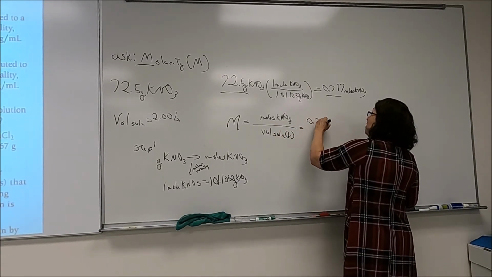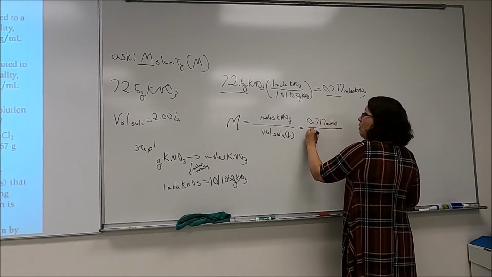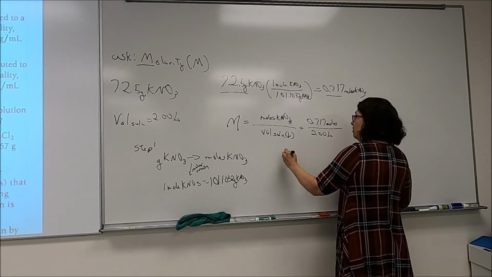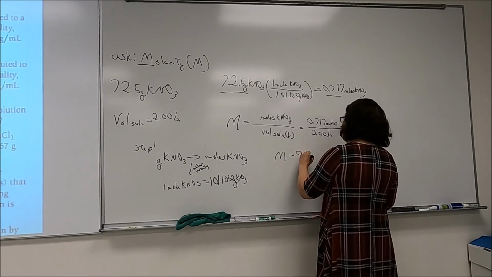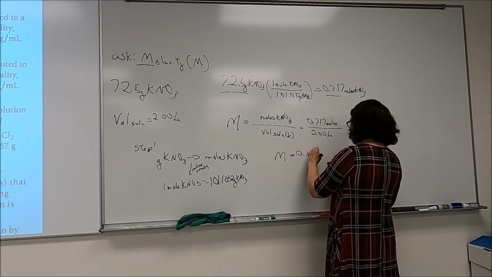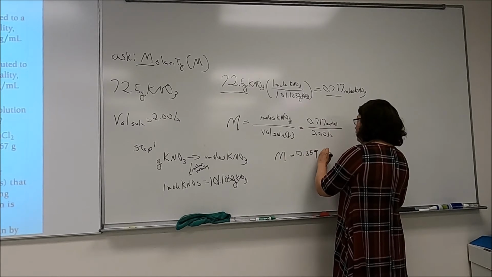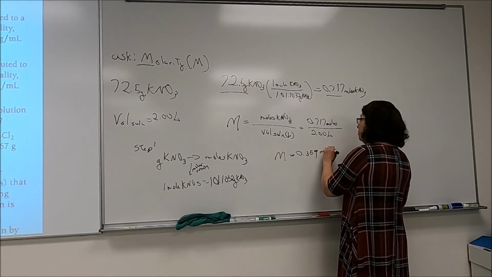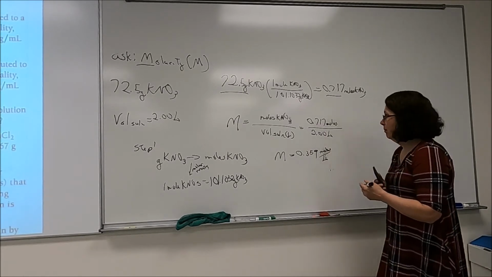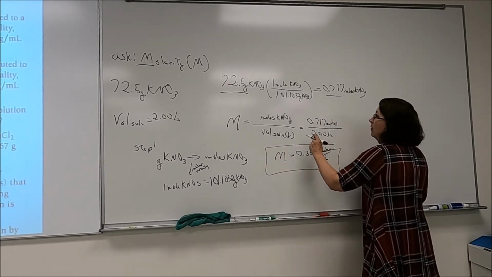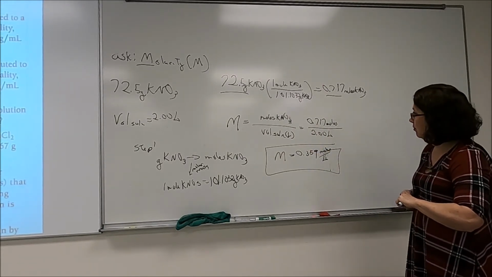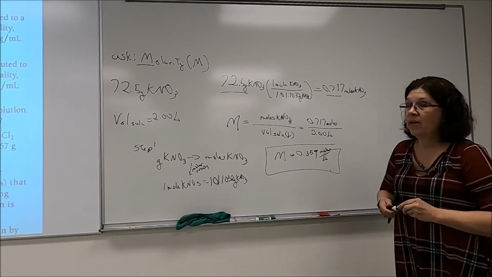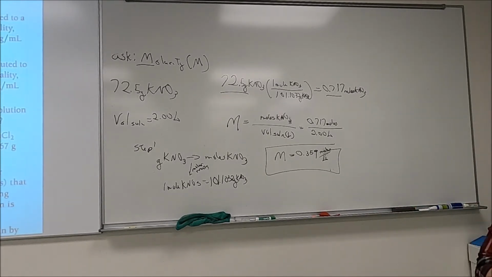So 0.717 moles over 2.00 liters is 0.359 molar, or you could write moles per liter. Three significant figures here, 3 here, 3 here. Okay. Not too bad, right? A good reminder of things you've already done.